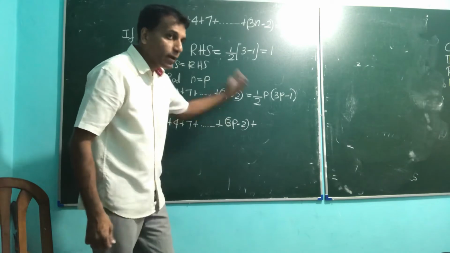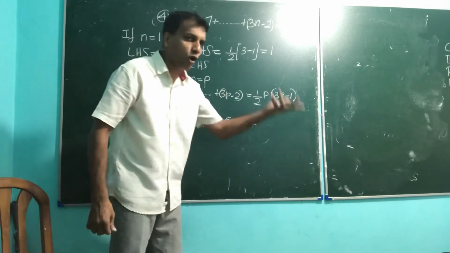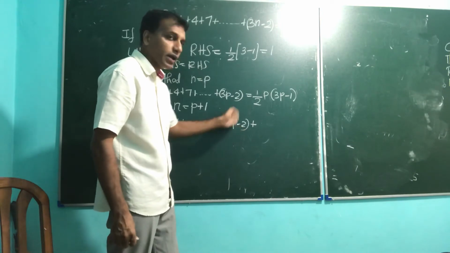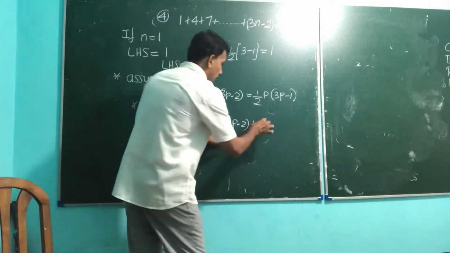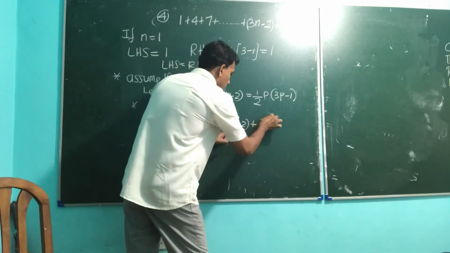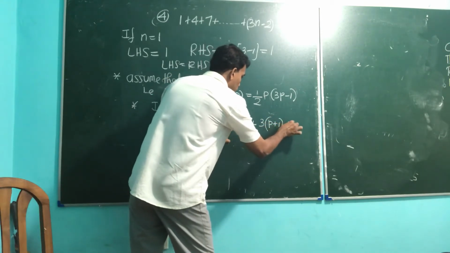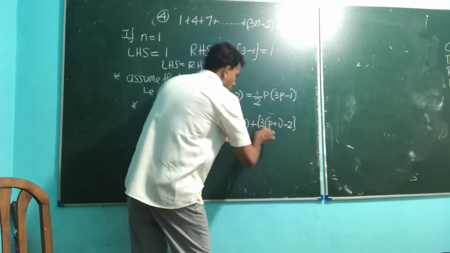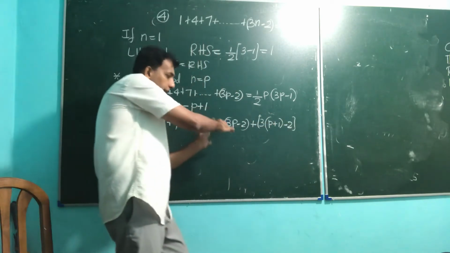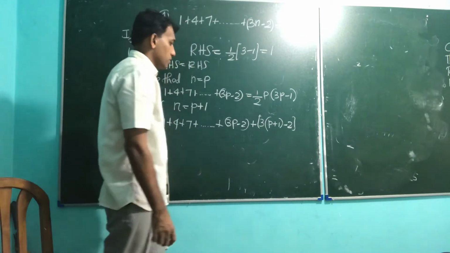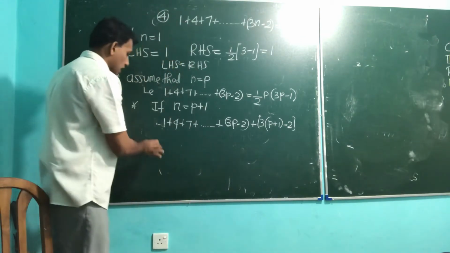How to write the p plus 1's term? Add one more: 1, 4, 7, next one. So that is 3, put p plus 1 for p, minus 2, okay? Up to p terms, then the next p plus 1 term. Therefore the answer.